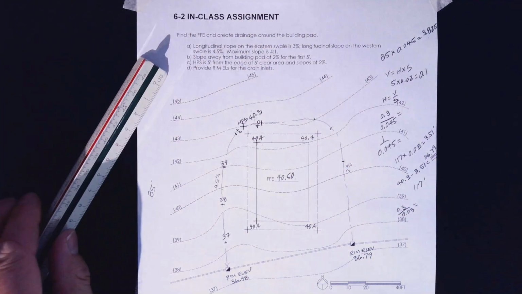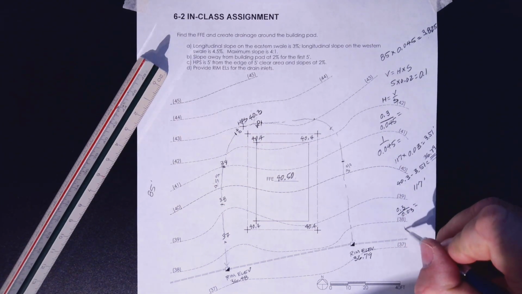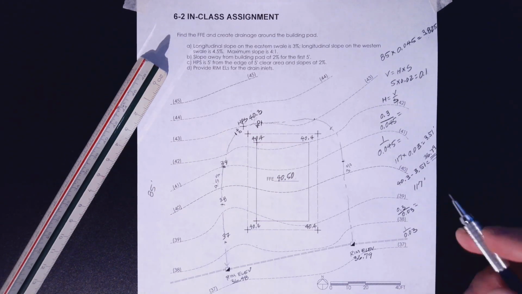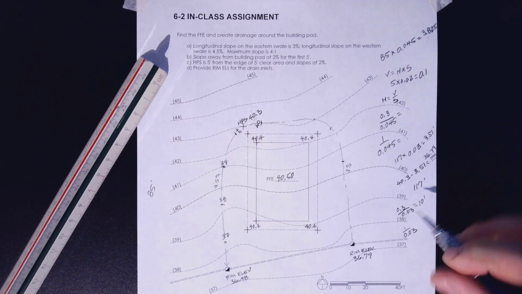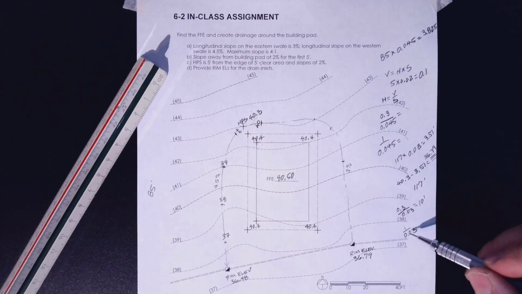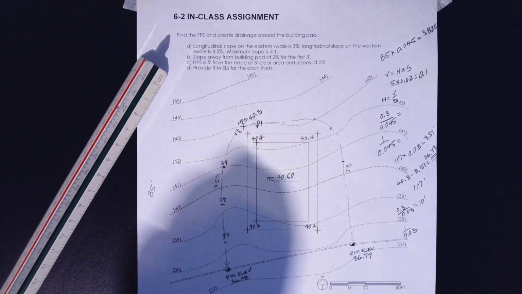Now we're going to drop a foot divided by 0.03. For 0.3 we drop 10 feet. Should have written that down for you. Now we're going to go 1 foot vertical, from 40 to 39 at 3%. So 1 divided by 0.03, 33 feet.